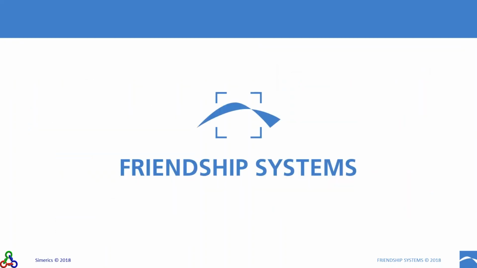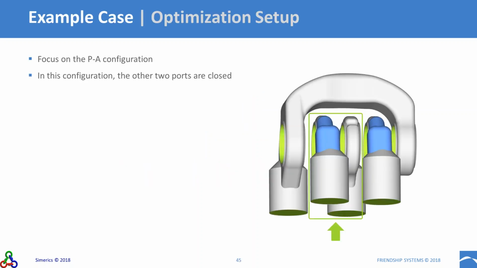Okay, thank you very much, Haiyang. So now we have seen the CFD setup and how the two programs work together. What I want to show you next is the optimization setup.